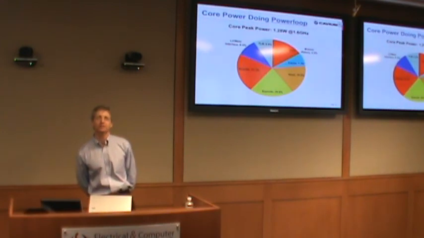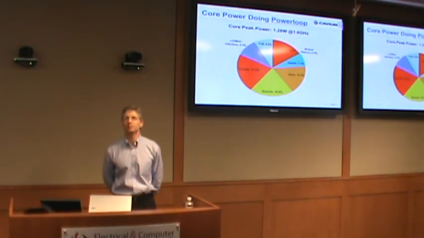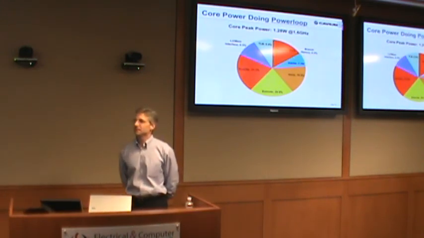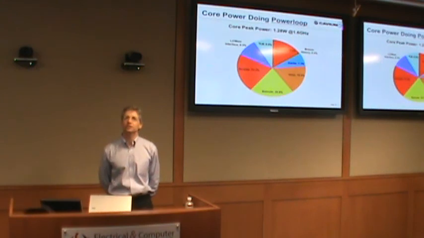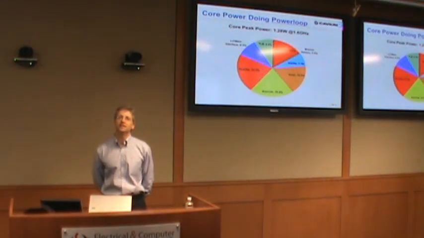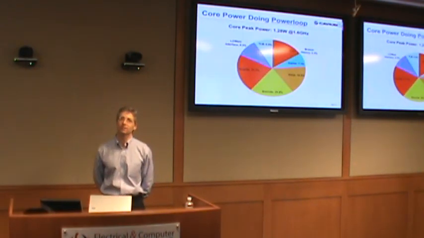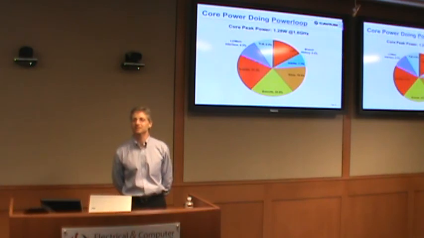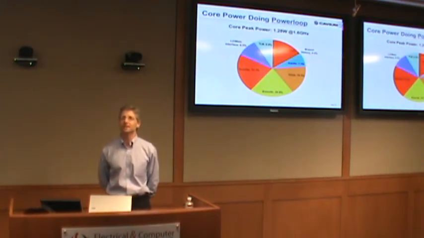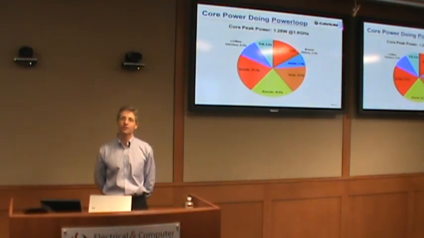And what this pie chart shows is we have this crazy application we call power loop, and this would be familiar to any processor chip designer. It is a piece of software whose end goal is to maximize the amount of power consumed on the device. It's not necessarily a useful piece of software, other than it illustrates what's the worst possible scenario for our device.